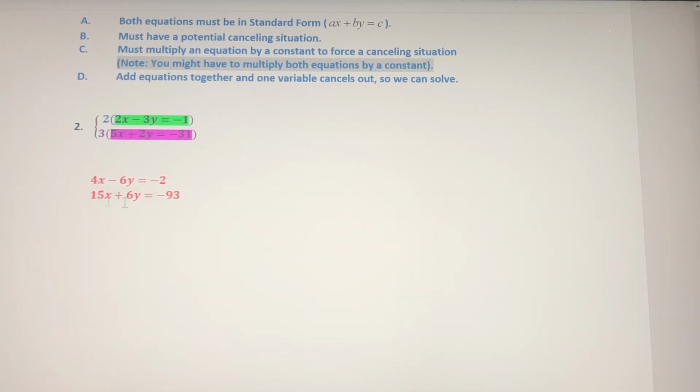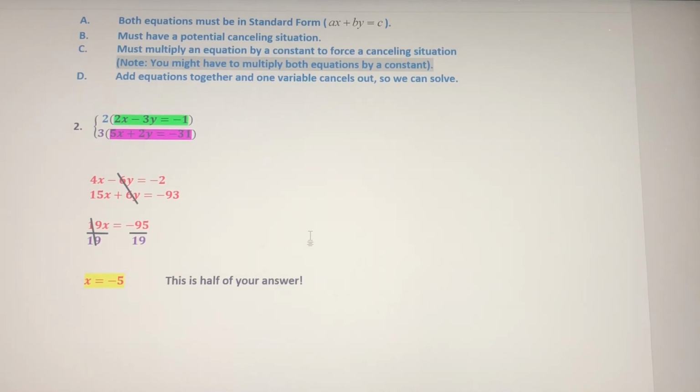So now I can use the combination method because I have those opposite coefficients for one of the variables. 4x and 15x gives me 19x, negative 2 and negative 93 gives me negative 95. So divide both sides by 19, and I get half my answer, x equals negative 5.